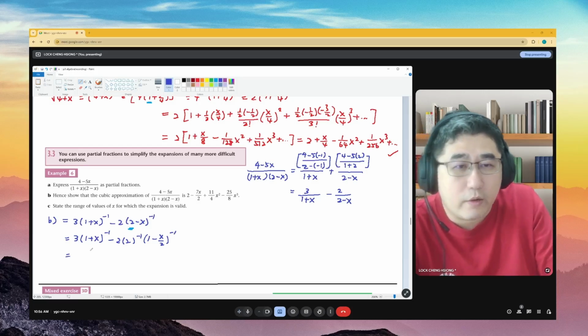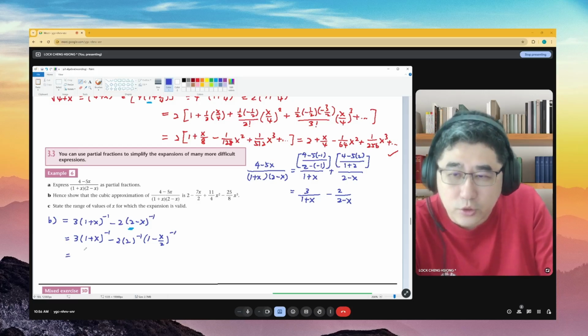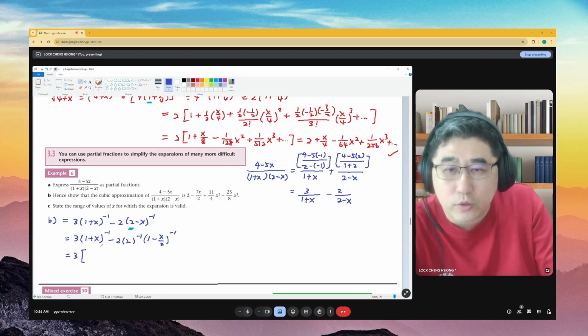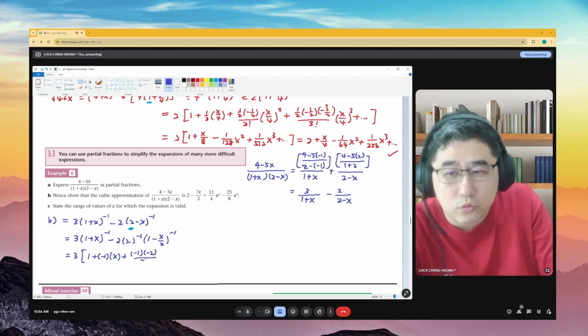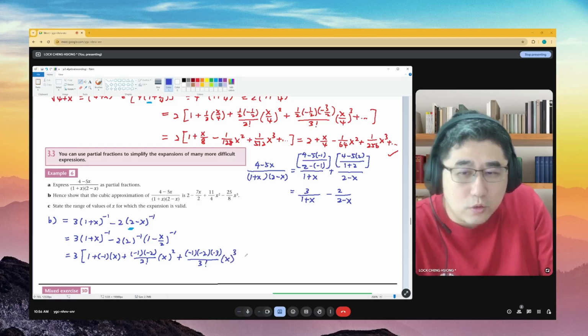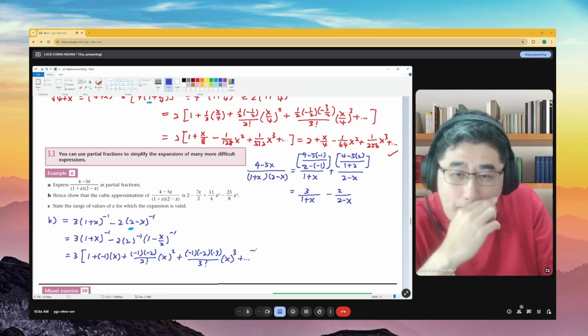Then I continue with my expansion. I only need to do up to x cubed. So I have 3 of 1 plus minus 1 x, plus minus 1 minus 2 over 2 factorial of x squared, plus minus 1 minus 2 minus 3 over 3 factorial of x cubed, plus dot dot dot.